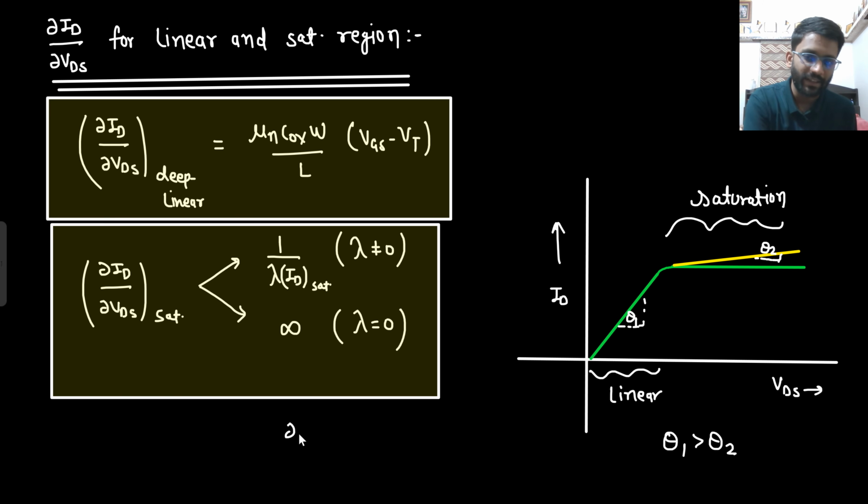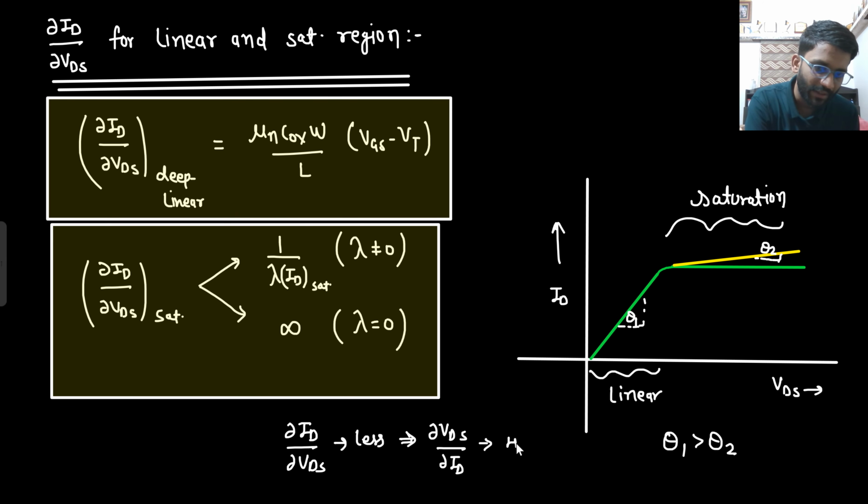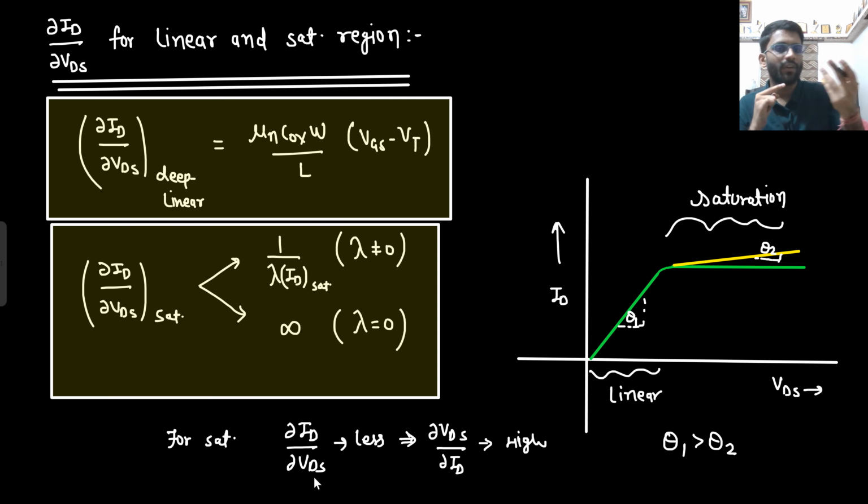Delta ID by delta VDS is less, that means delta VDS by delta ID will be high for saturation. So in saturation region you are getting a high value of output resistance.